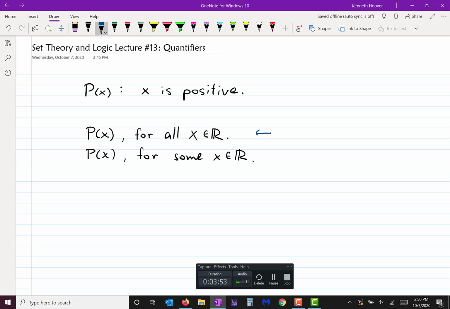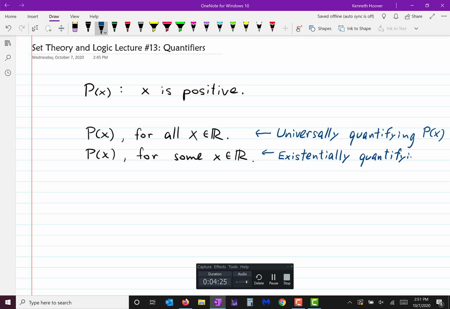This first type of doing it here, that's called universally quantifying P of X. And the second way of doing that is called existentially quantifying P of X. Now, in logic, you normally, and I strongly suggest doing this as a rule, put the quantifiers at the beginning.